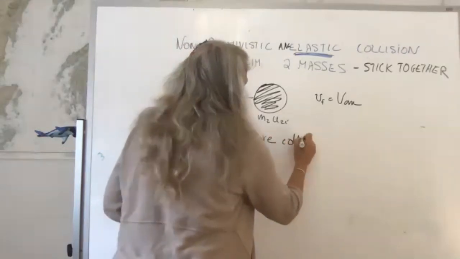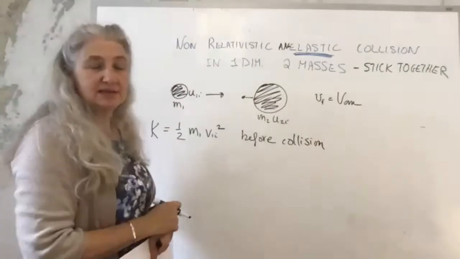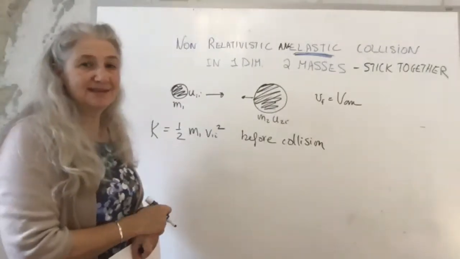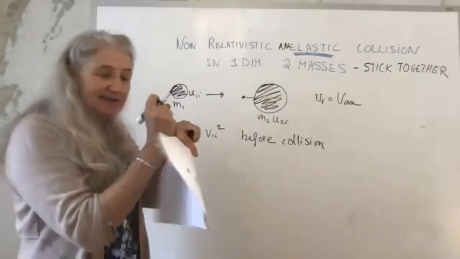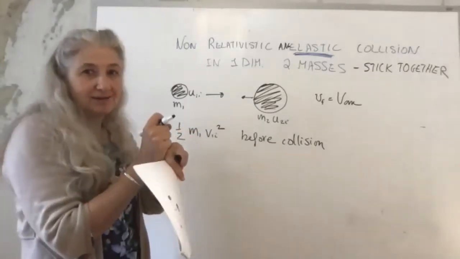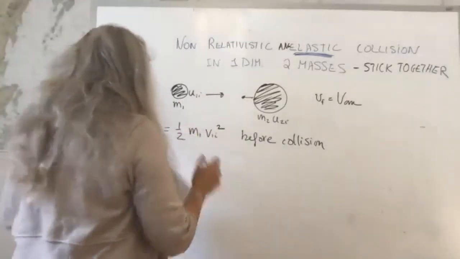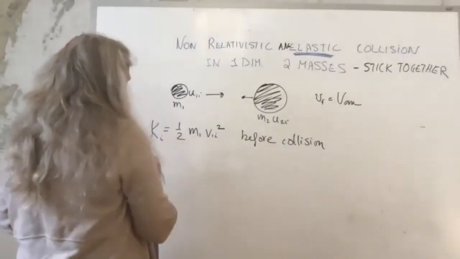Because we're doing an inelastic collision, energy is not conserved. Some of it sticking means some energy goes into heat or radiation or something like that. So before the collision, that's the initial kinetic energy.